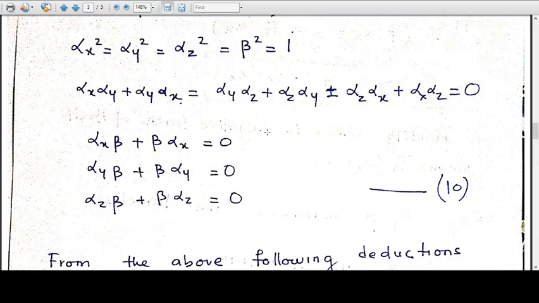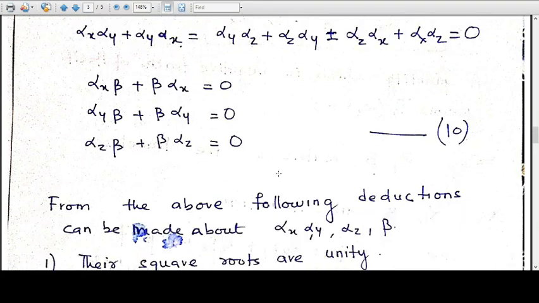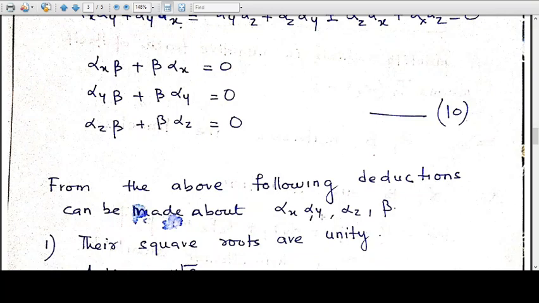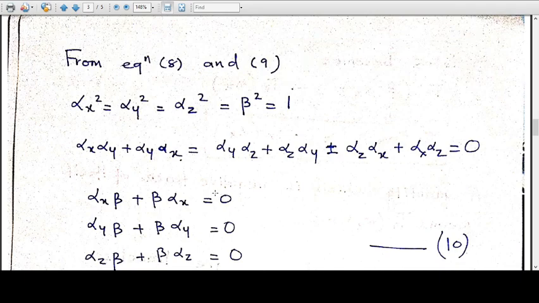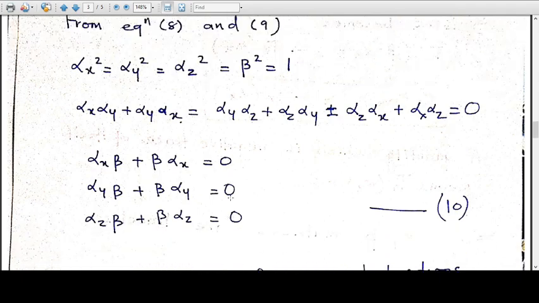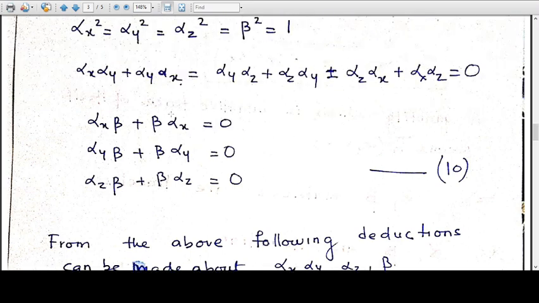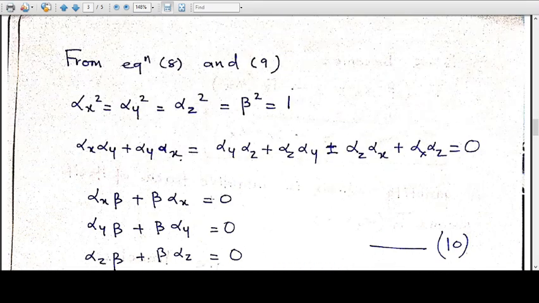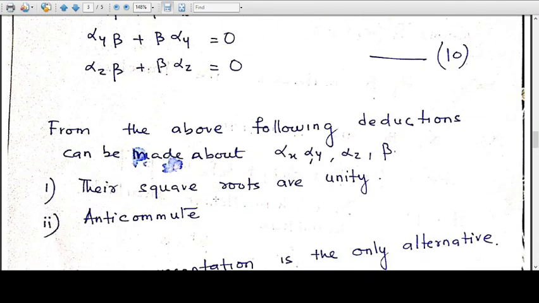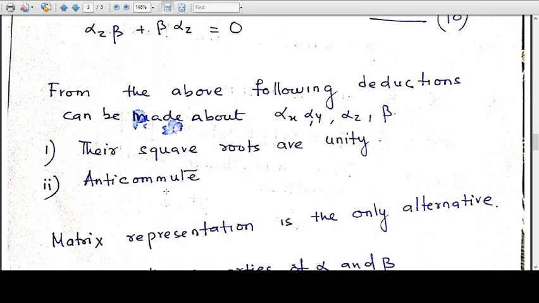What do we understand from these equations? We realize alpha x, alpha y, alpha z and beta are operators. Their squares are unity, that is quite evident. And they are anti-commuting: alphas are anti-commuting with each other and also with beta. They are all anti-commuting operators.